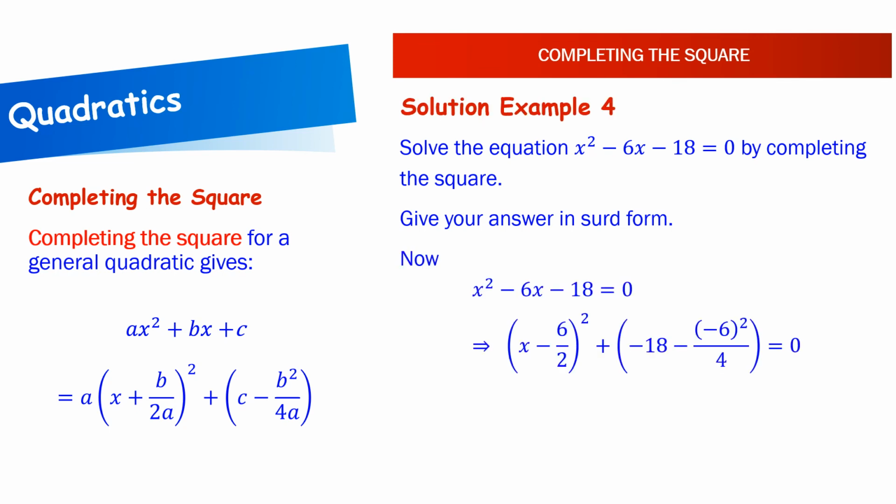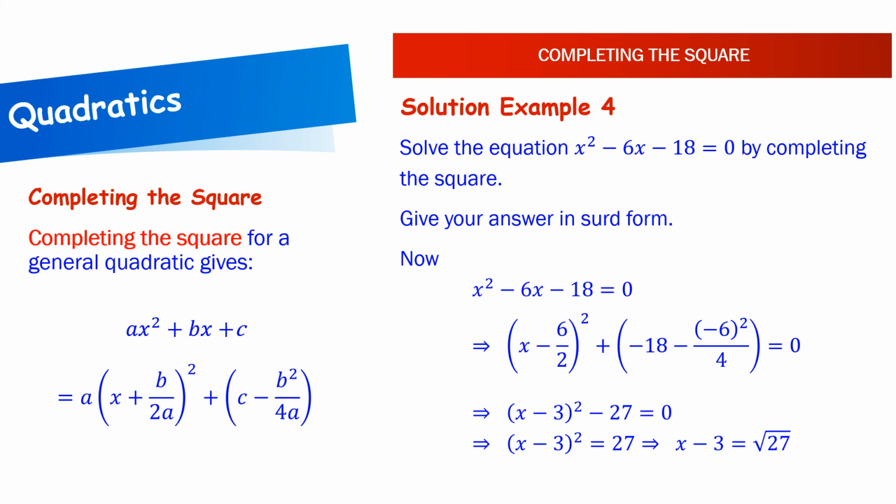So let's solve example 4. We plug in the values as shown in our formula. And then tidy up. So rearranging gives us x minus 3 all squared equals 27. And then square rooting both sides gives us x minus 3 on the left and root 27 on the right, as shown.